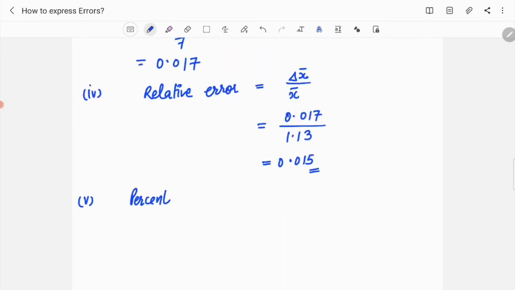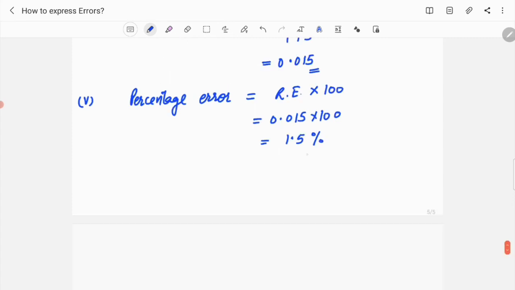This is the relative error. Now the last one is the percentage error. Percentage error is equal to relative error into 100, means 0.015 into 100, or it is 1.5%.